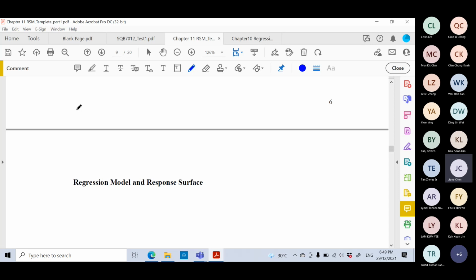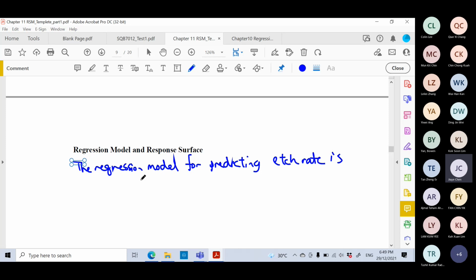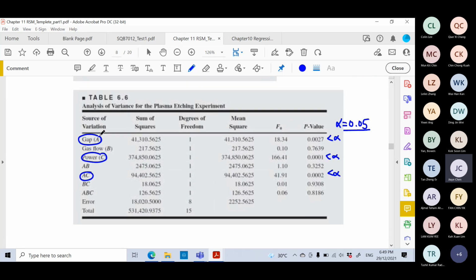Since factor A, factor C, and the AC interaction are important, we can form the fitted regression model for predicting the rate. It is y hat equal to beta naught hat plus beta 1 hat xA for factor A, because factor A is important, so we can put it in the model.